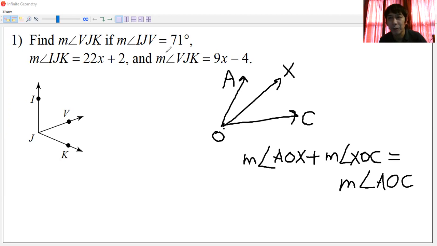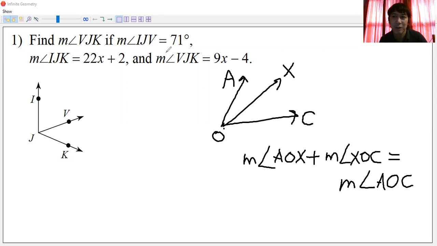Ray OX is between OA and OC if and only if the measure of the angle AOX plus the measure of the angle XOC is equal to the measure of the angle AOC. So this is the definition of between rays, and this is used interchangeably with angle addition postulate.